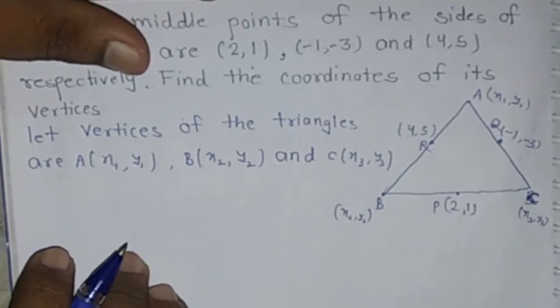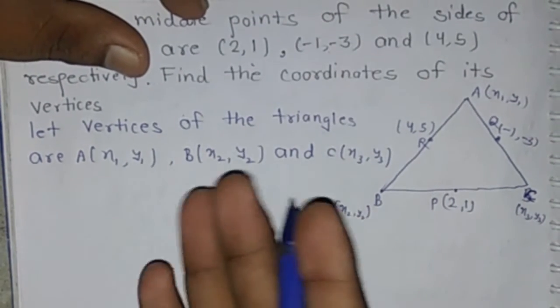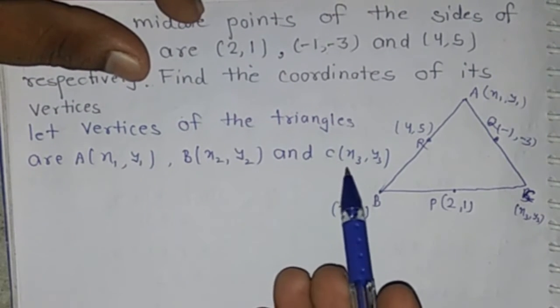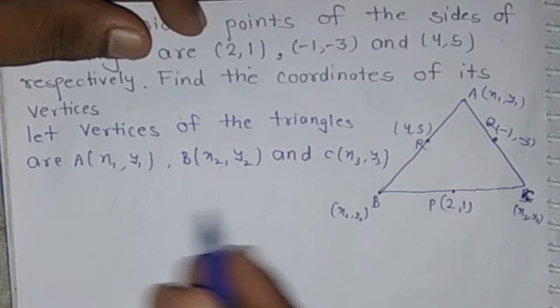The vertices of the triangle are A(x1, y1), B(x2, y2), and C(x3, y3). These are the coordinates of the vertices of the triangle.